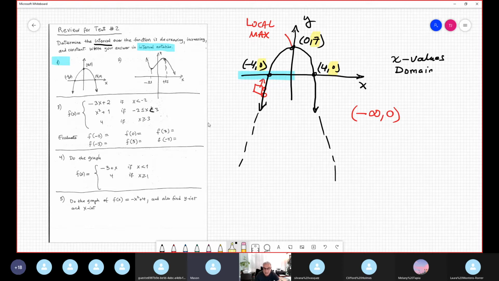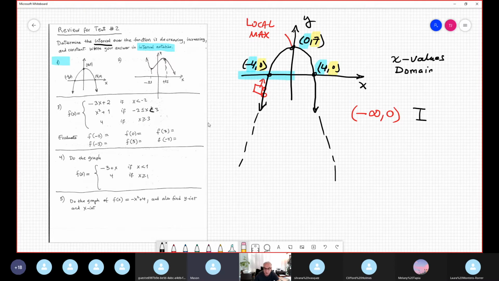The important thing is the domain. It's the x value, it's the first component. So the important thing is -4, 0, and 4. But actually, the most important is 0, because 0 is the transition point in which the function stops increasing. This is increasing, capital I.